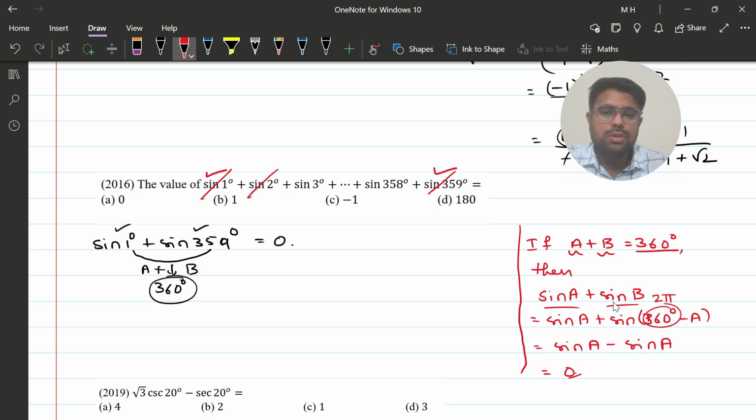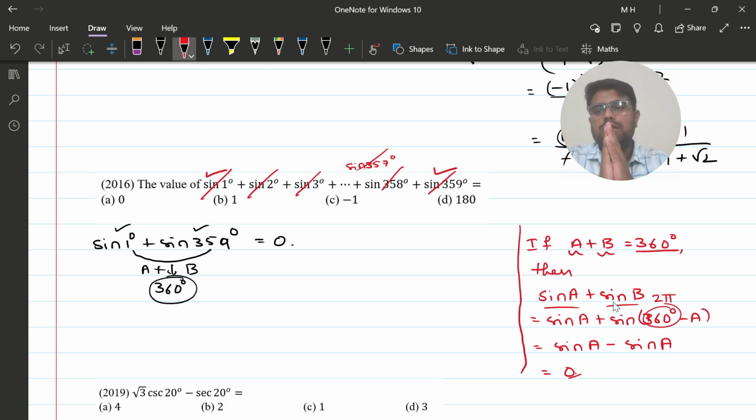Similarly, the sum of these two is going to be 0. Similarly, the sum of sine 3 and sine 357 degrees is going to be 0. Like that, half of the terms here and half of the terms here are going to get cancelled. Fine. So you might immediately arrive at the conclusion that the answer is going to be 0.